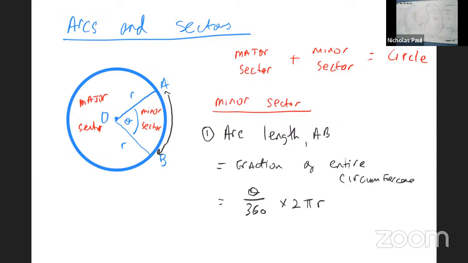How would you get the major arc AB? If you had to get the major arc, the minor arc is theta on 360 by 2 pi r. What do you think will be the major arc? That's here, right? Any ideas how to get it?